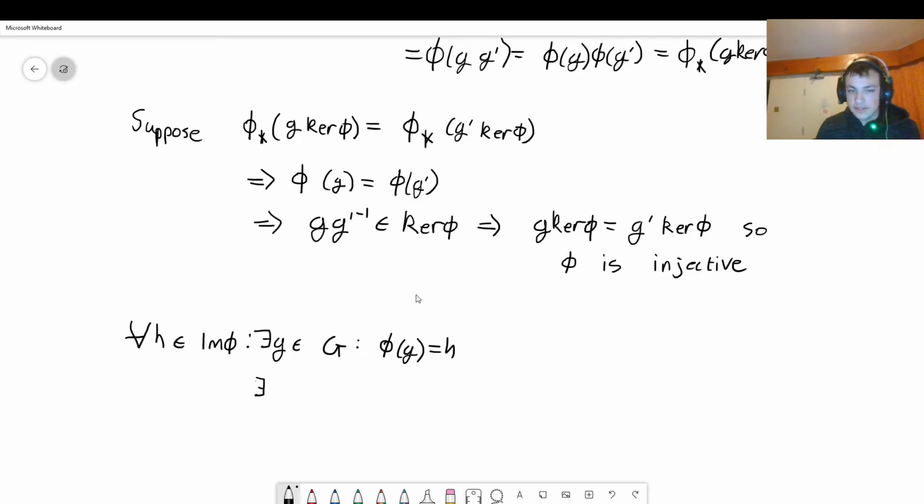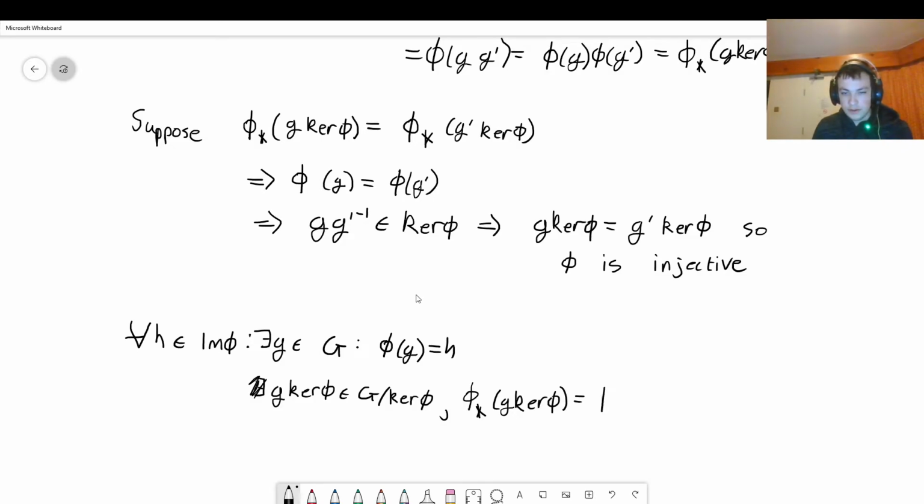So then we can take g ker phi in the quotient group, and we have that phi star of g ker phi is equal to phi of g, which is equal to h. So phi star is surjective. So now phi star is a well-defined bijective group homomorphism, so phi star is an isomorphism.